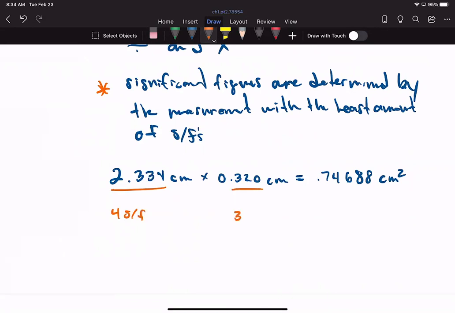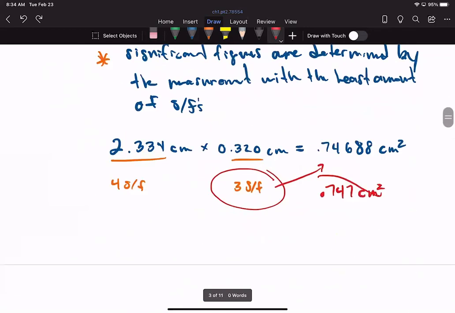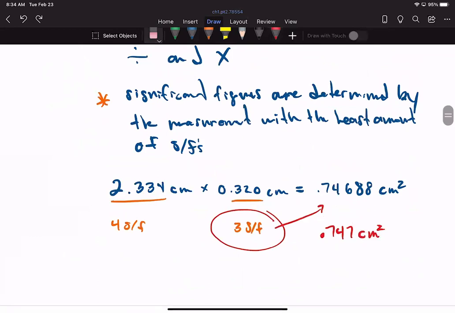Here we have 3 significant figures. My answer has to reflect the smallest amount of significant figures, 3, which means I now have to round this to 3 significant figures, and my answer is 0.747 centimeters squared.